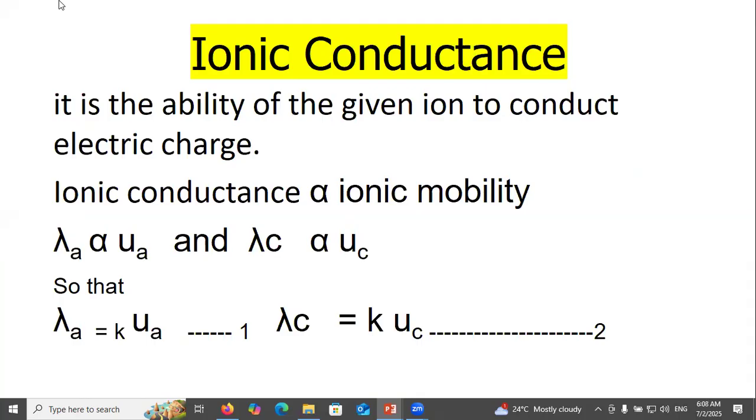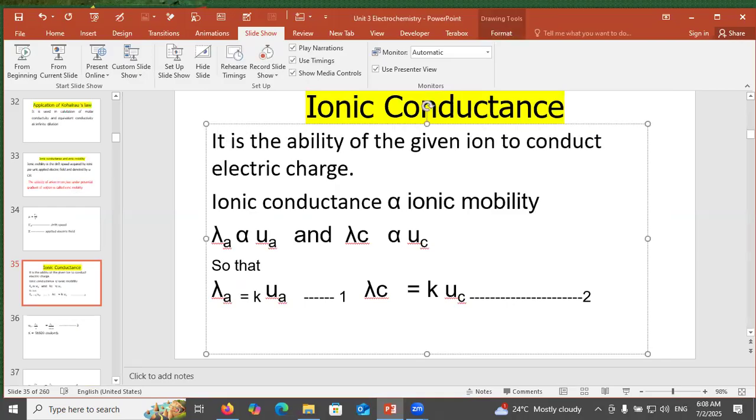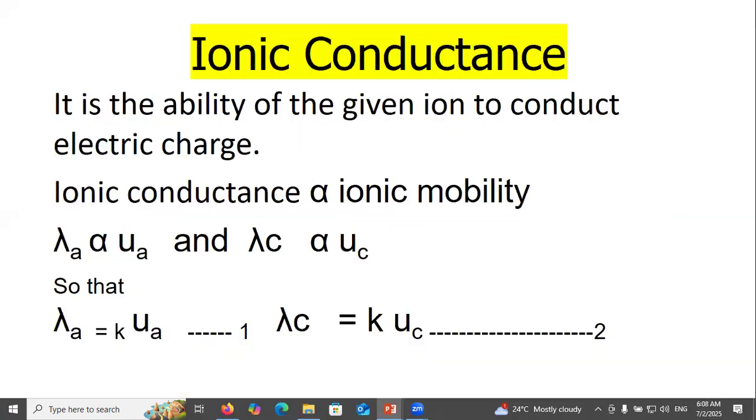Ionic conductance is the ability of the given ion to conduct electric charge. Ionic conductance is proportional to ionic mobility.